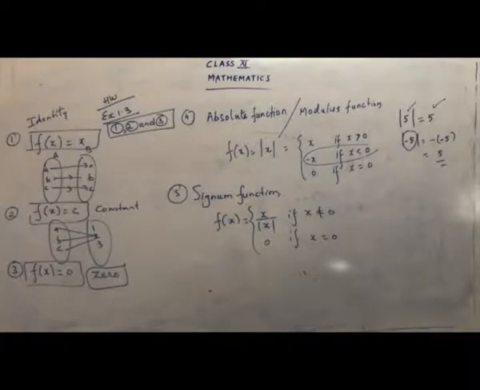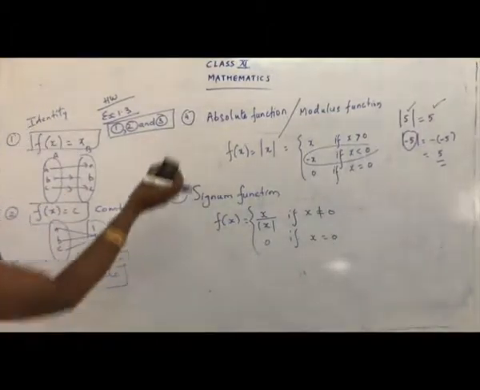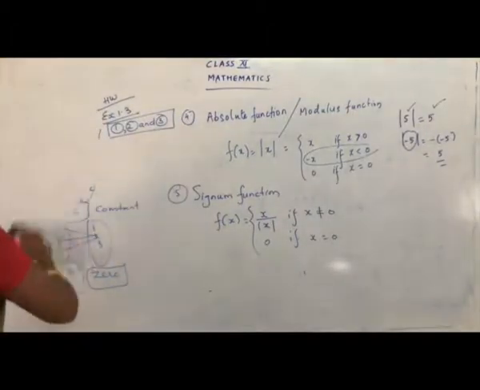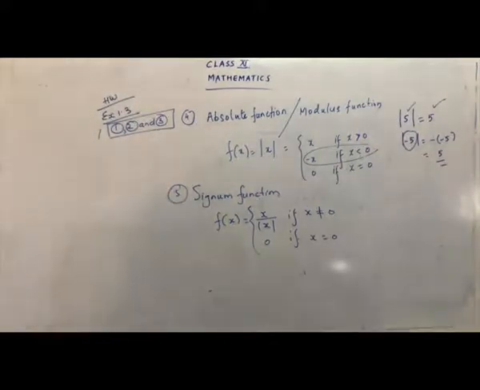You have been given some values. You have to go for -4, 1, -2, 7, 0. See here, -4. Where will -4 be present? Just come to question number 2. I'll give a small clarification.